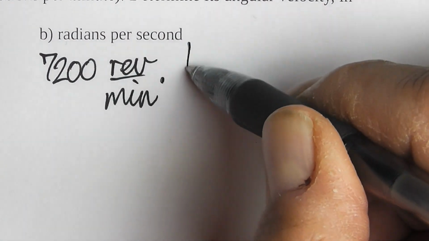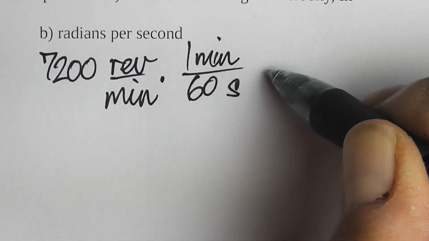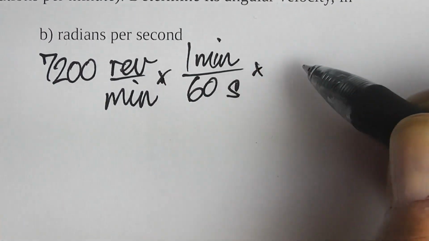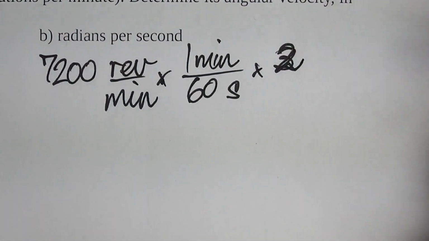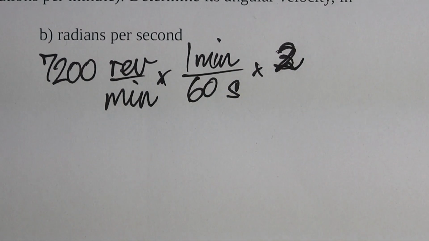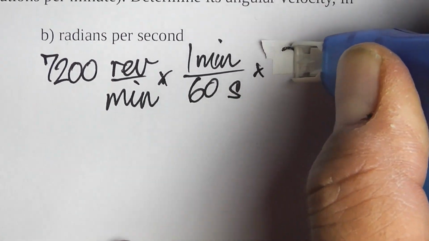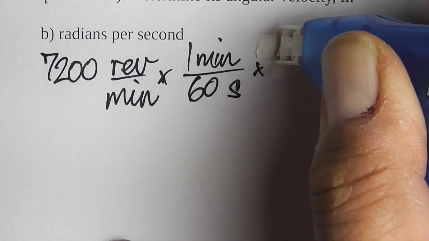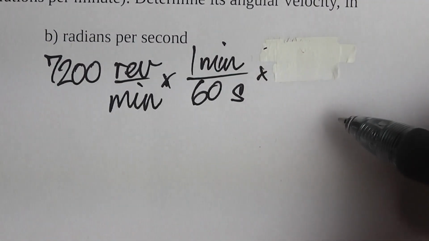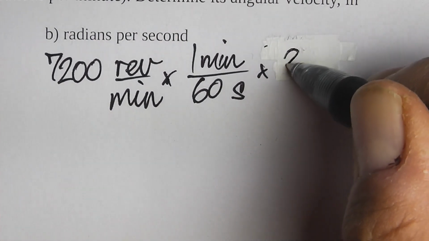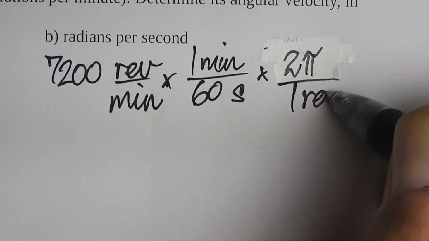I know that every minute has 60 seconds, and every revolution has 2 pi radians per 1 revolution.